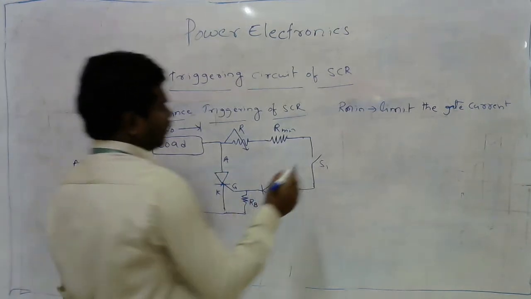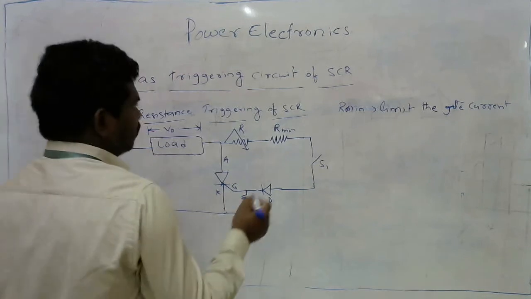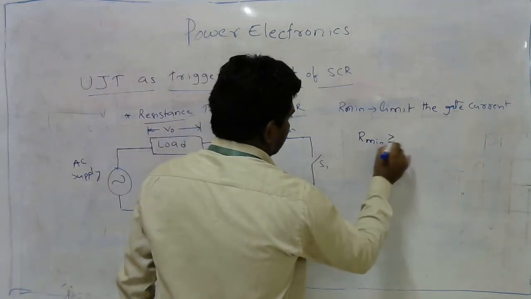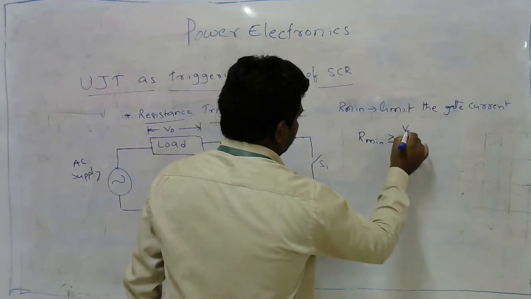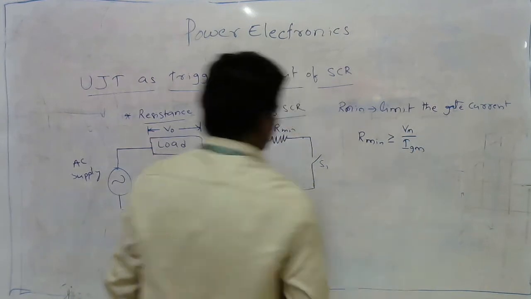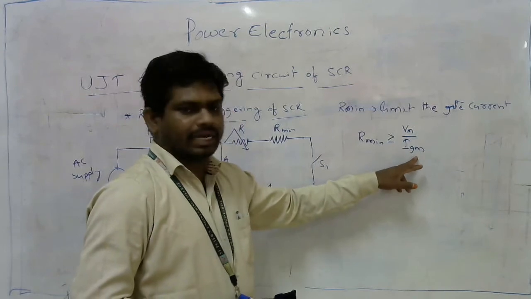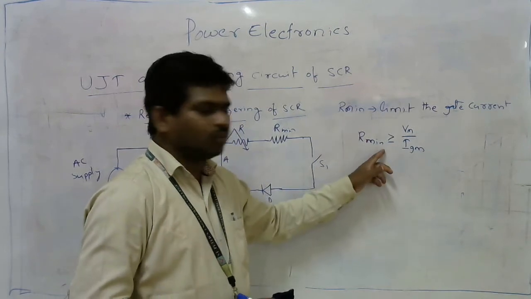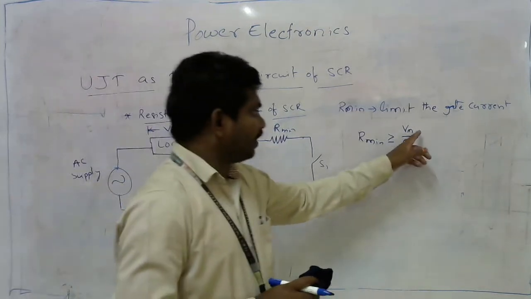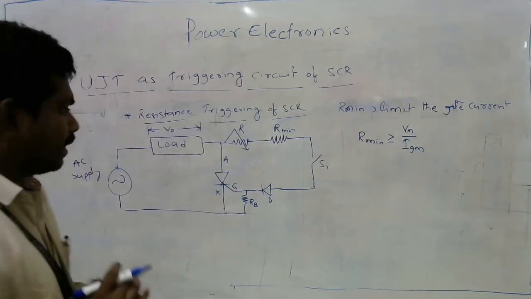So R minimum must be there. R minimum is calculated with this equation: R minimum is greater than or equal to V maximum upon IGM, the maximum voltage upon the maximum gate current. R minimum is designed in such a way that it must be greater than Vm upon IGM. Then only can we limit the gate current.